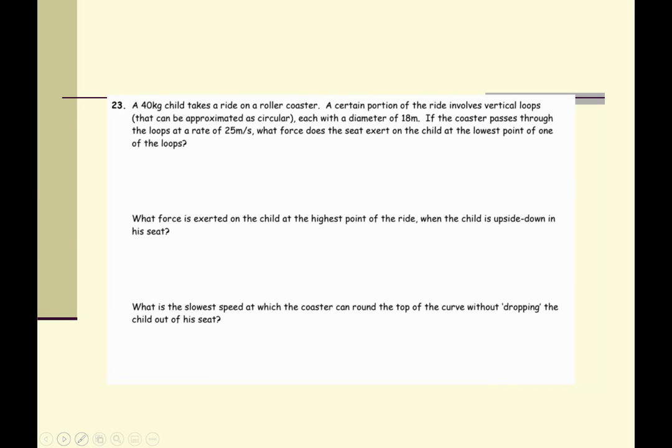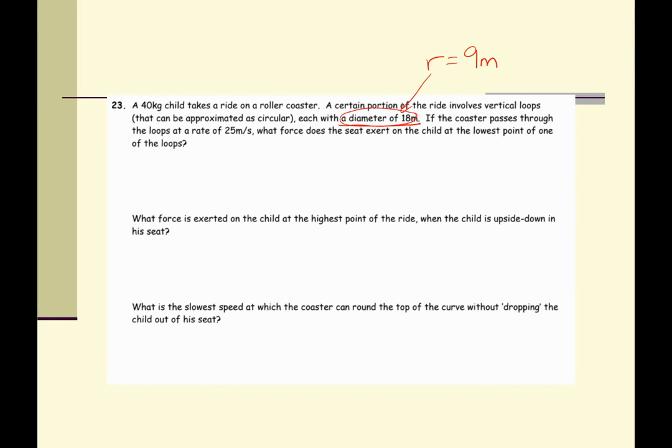So when I look at this question, this is our last question for today. We have a child who takes a ride in a roller coaster. A certain portion of the ride involves vertical loops that can be approximated as circular, each with a diameter of 18 meters. So if we have a diameter of 18 meters, that means that we have a radius of 9 meters.